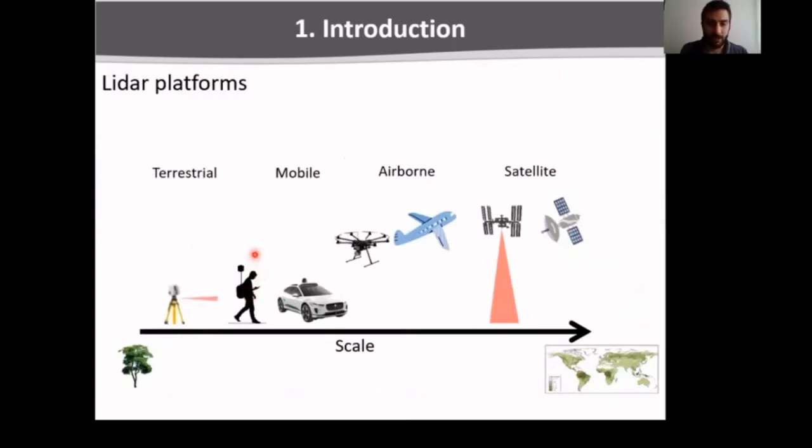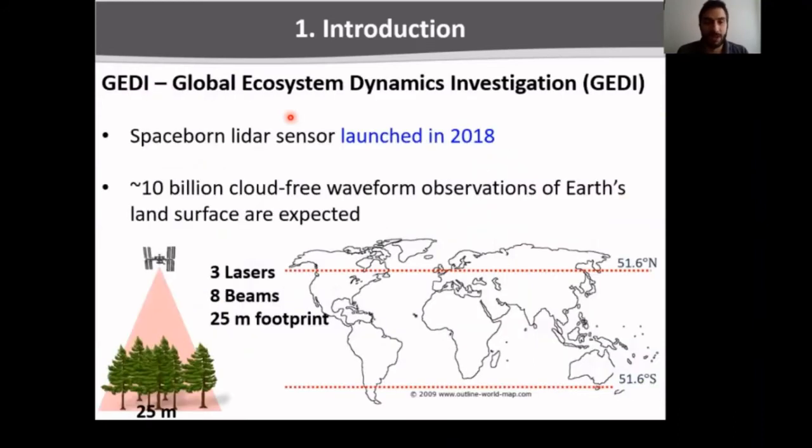LiDAR can be used on many platforms, and terrestrial and airborne are usually the most common ones, but they are limited to those local assessments. And for satellites, we didn't have much satellite data until recently, at least not specifically designed for mapping vegetation.